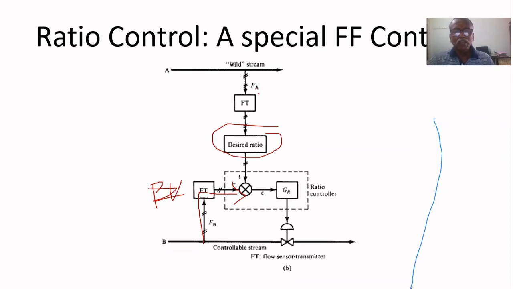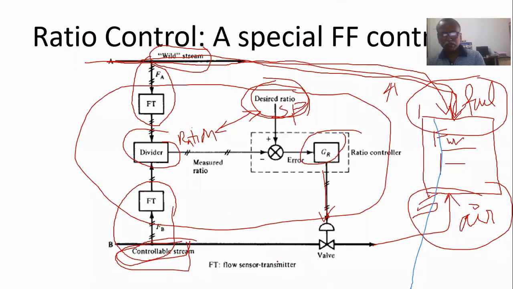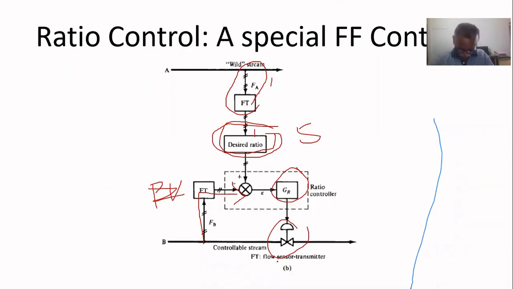If both are equal, this is equal to 1, this is equal to 1. But it is not so. That's why it is multiplied by the desired ratio. If this is 1 time, this is 5 times, it should be multiplied by 5 or some other ratio that is required. This is a flow transmitter that measures the wild stream. It is given here. So if both are compared, depending upon the error, this feed-forward controller regulates the valve. The same can be modeled like this also. Instead of finding the desired ratio and actual ratio, we can do it this way. That is also possible.